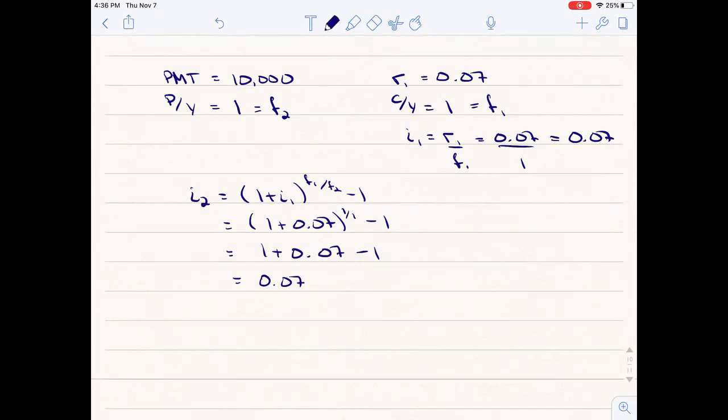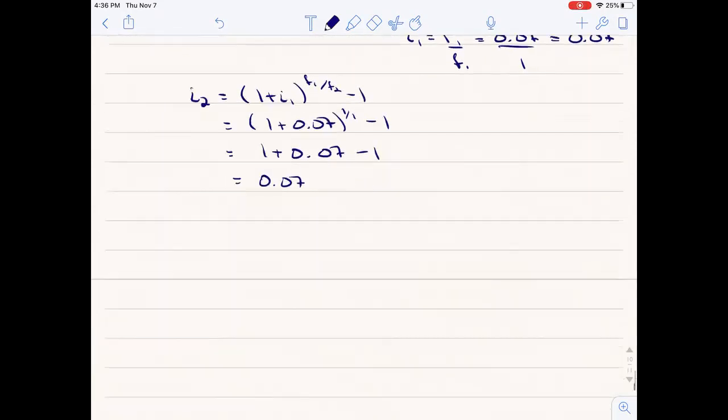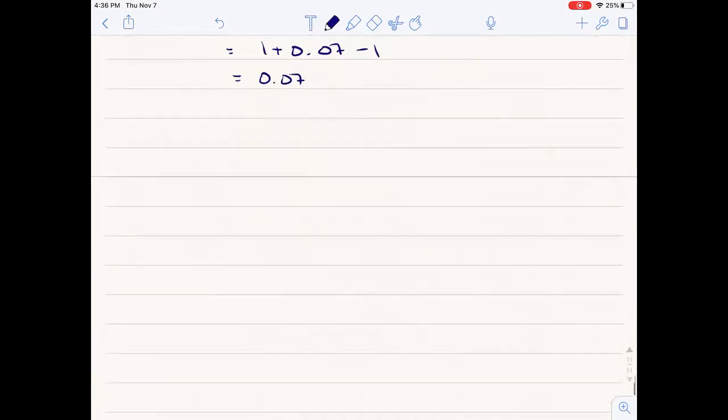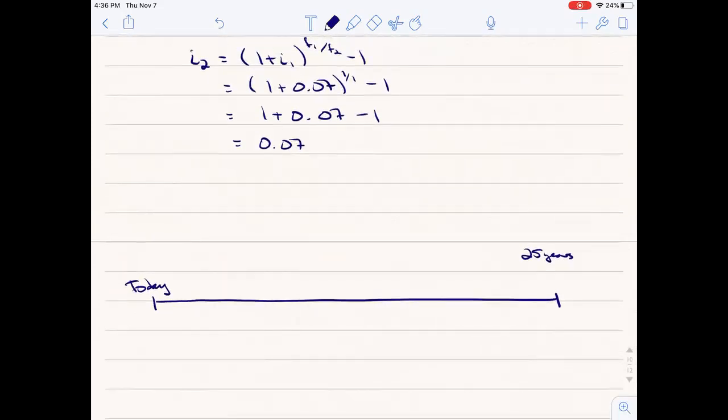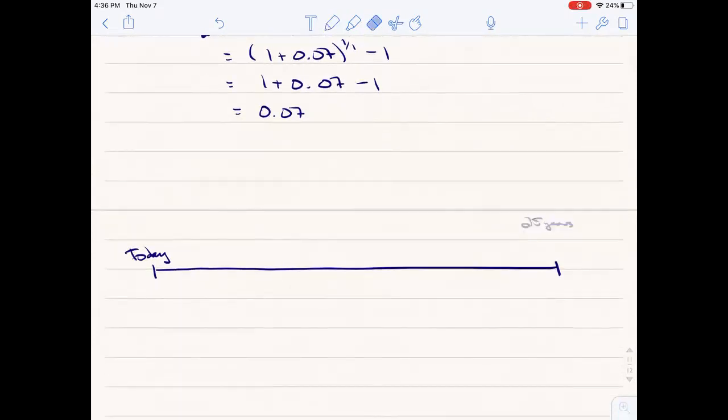All right, let's do our timeline. I've got a page break to deal with here, so I'm going to put it down here. She's making payments, let's assume starting today, and she's going to go for 25 years. I put 25 years up a little bit higher only to make room for the payment frequency, which might not be yearly. In this case it is yearly, so it is just 25Y.